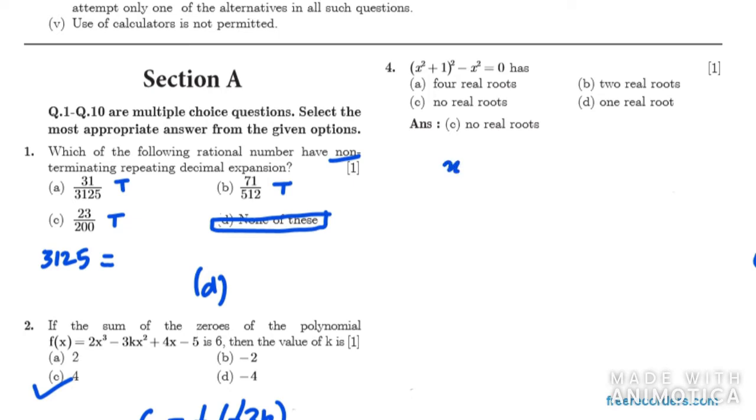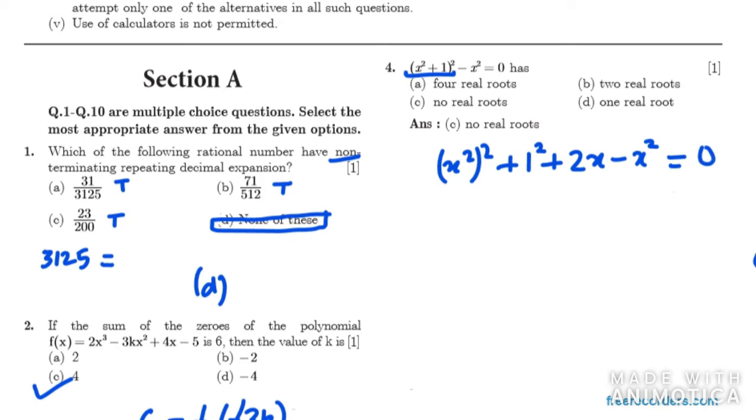So it is x square. Now we need to apply a plus b whole square first in first term. So x square again plus 1 square plus 2x minus x square equals 0.